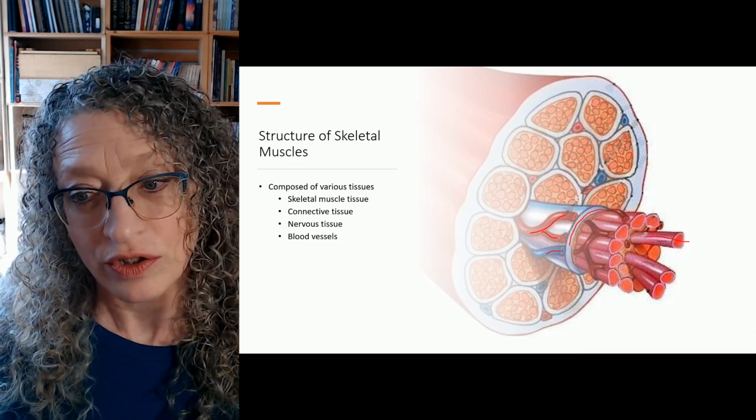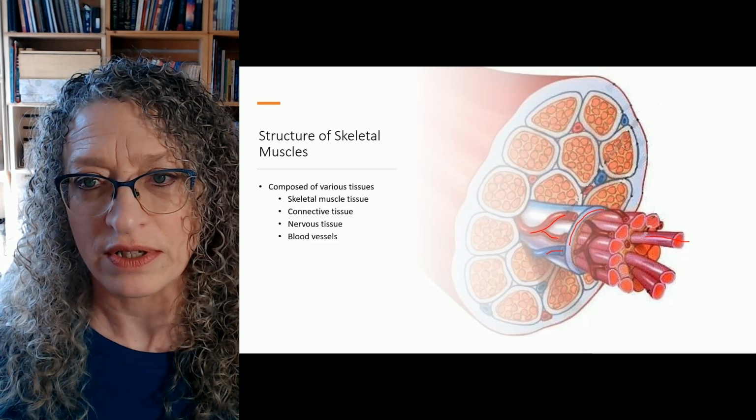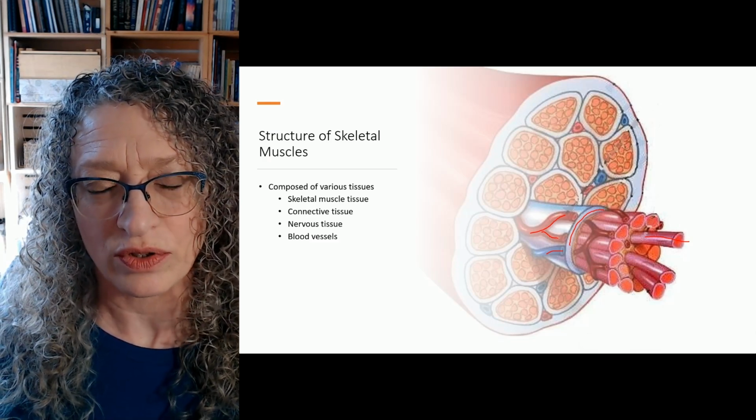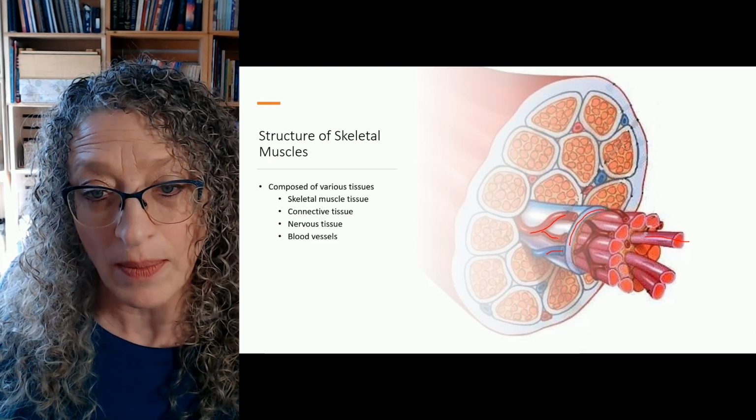This is not showing a good image of the nervous tissue, but there would also be nerves associated with the skeletal muscle. So those are the different tissues that would make up the skeletal muscle.